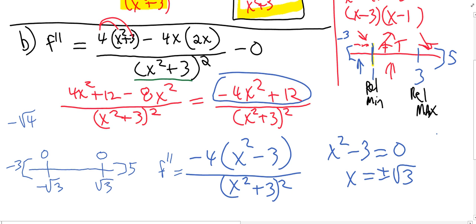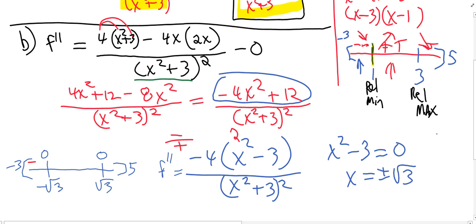So let's use 2. So you plug in a 2 right here, and you get 4 minus 3, so you get a positive times a negative. So the top ends up being negative, and the bottom, as discussed earlier, is always positive, so that is going to be negative.